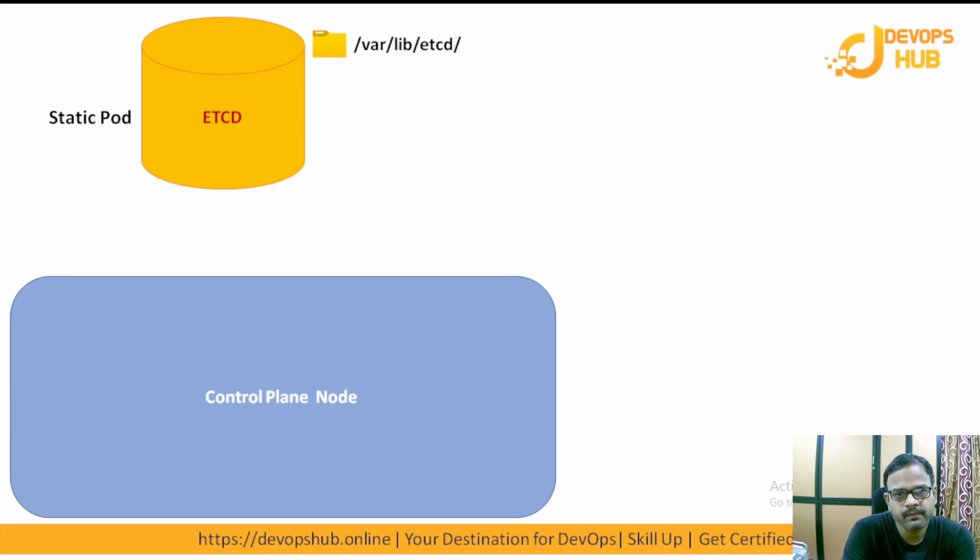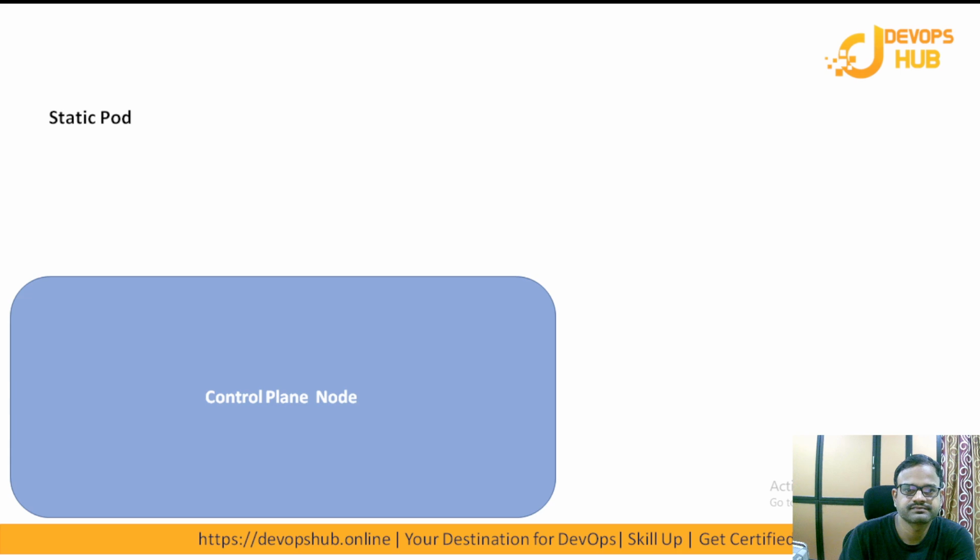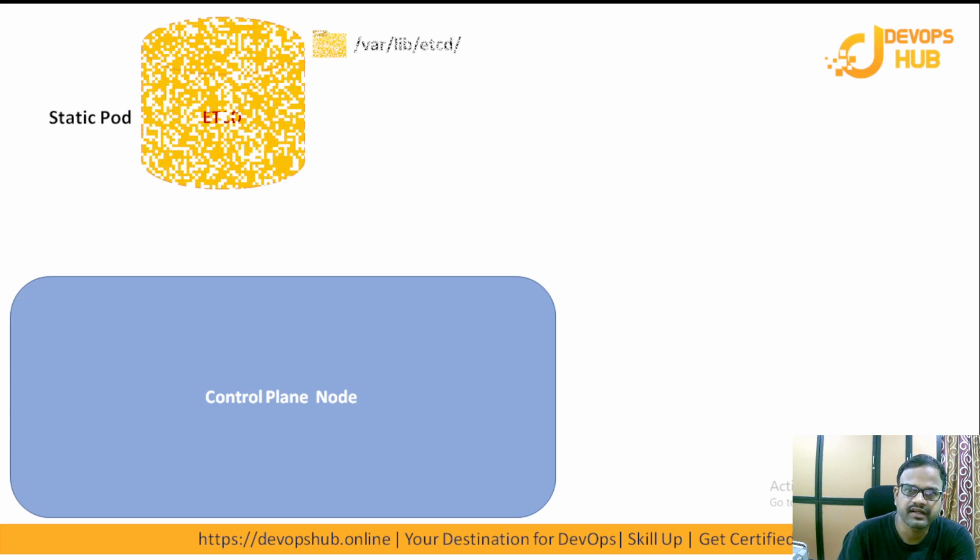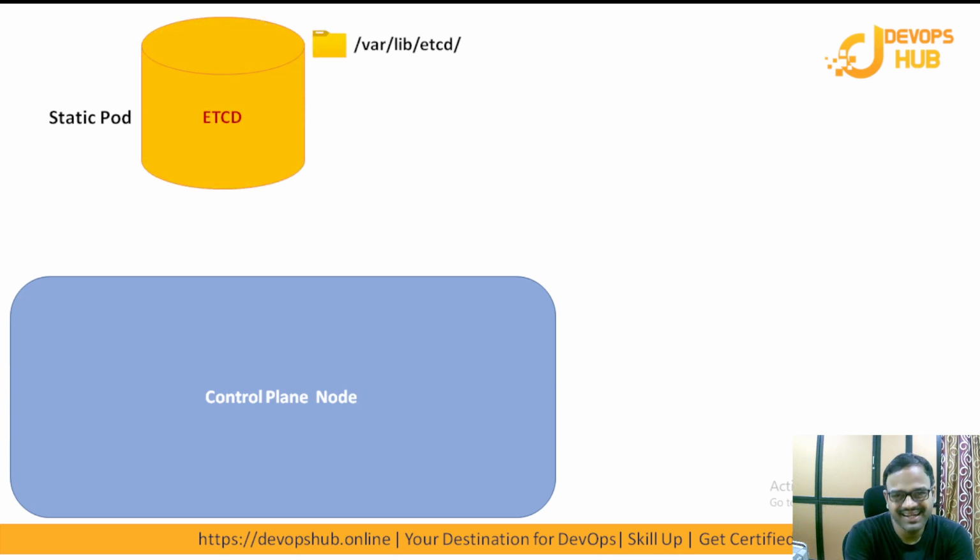All of a sudden, you are working on Kubernetes, you have deployed some deployments, you have created some secrets, and due to some reason, the pod has crashed and restarted. Do you understand what happened? What will happen to the secrets, the deployments, or the pods you have deployed till now?